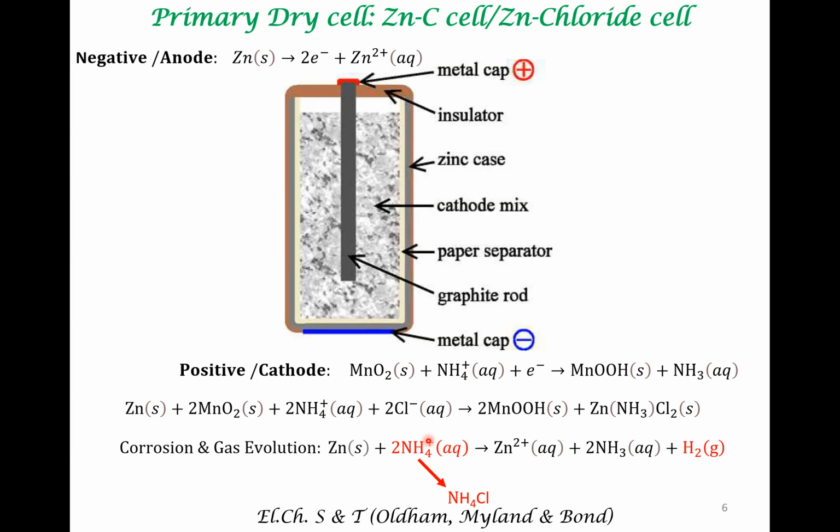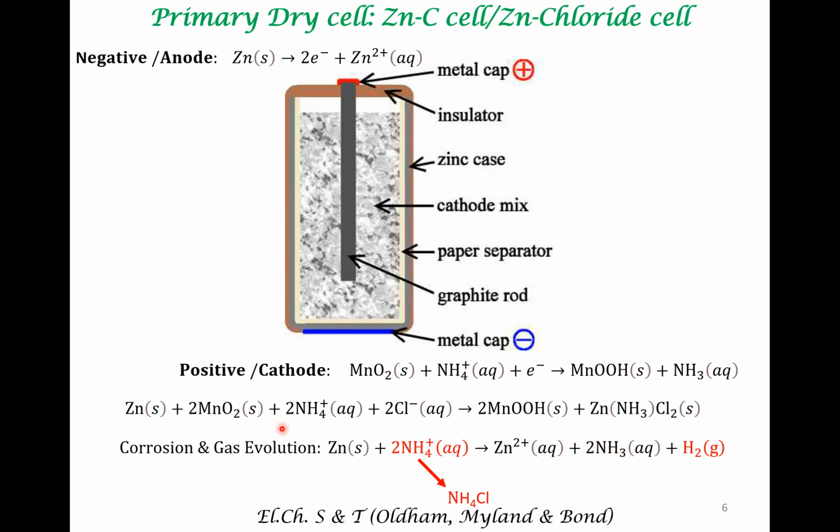As you can see, there's no electron transfer in this particular reaction, even though there's a charge transfer. In this case, zinc gets oxidized. While that happens, this gets reduced to ammonia.